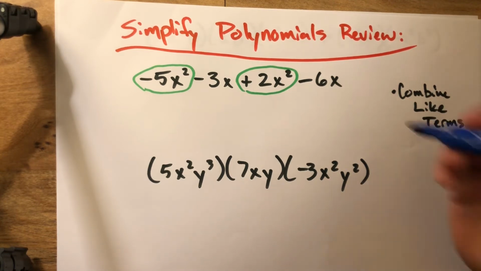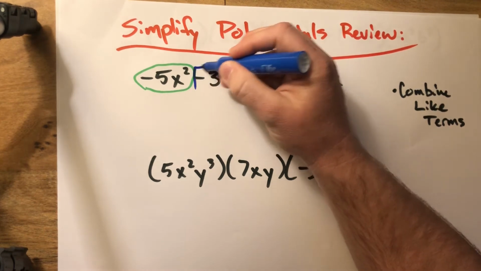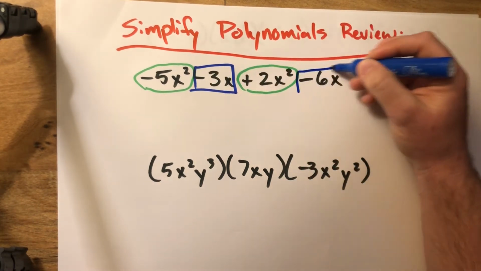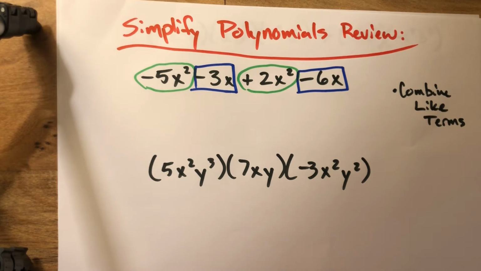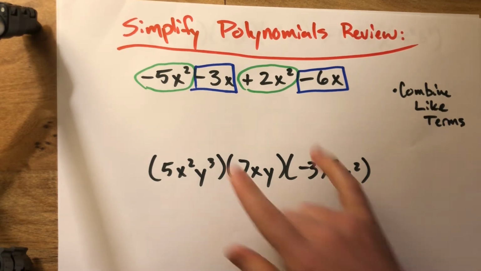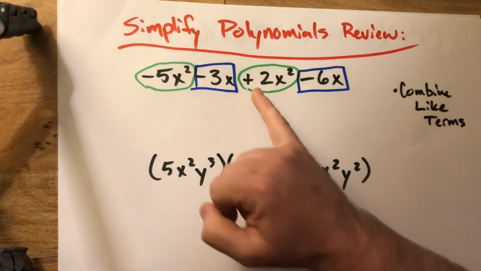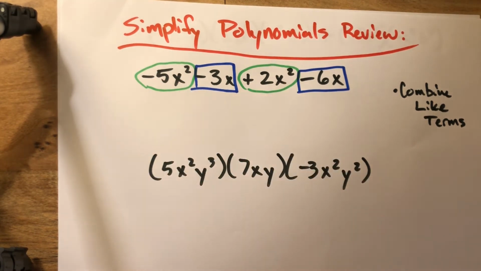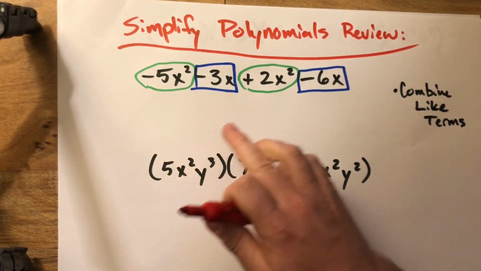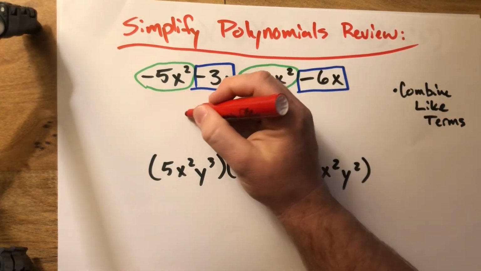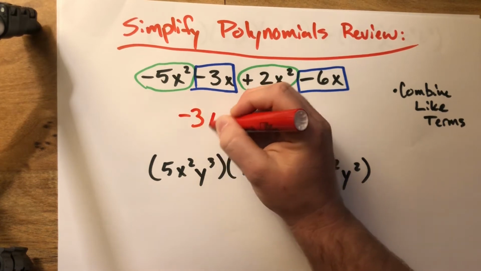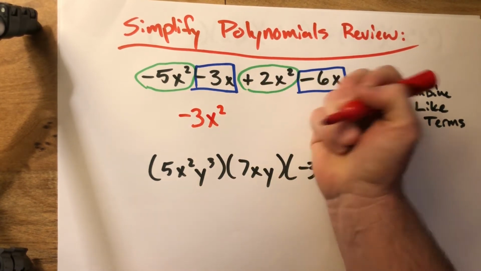Those x's, though, just by themselves, and notice I take the sign with it, those would be like terms in themselves. So when we write this, my green terms here, or my x squareds, negative 5x squared plus 2 more x squareds. Negative 5 of them plus 2 of them would make negative 3x squared. So that's combining like terms.